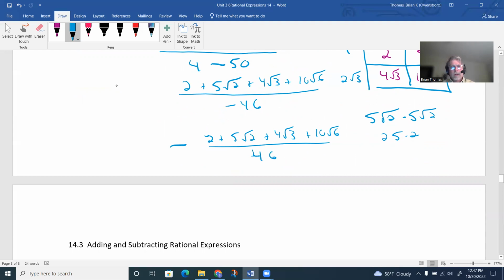You also could bring the negative through the top and change all the signs in the top as well if you wanted to. But I'm going to leave it for the time being. So that's how we work with multiplying and dividing rational expressions, and also a little bit on rationalizing when we have radicals involved in the denominator.